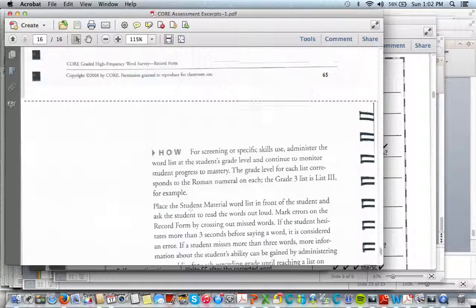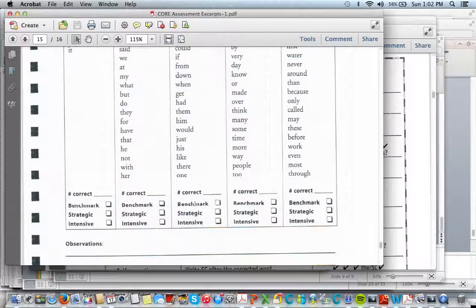So what you would do up here on the list, let's say they got 21 correct, then you would mark benchmark level. So you just compare it to that set of levels that I just showed you, and you mark based on the number correct whether this is their benchmark level, their strategic level, or their intensive level.